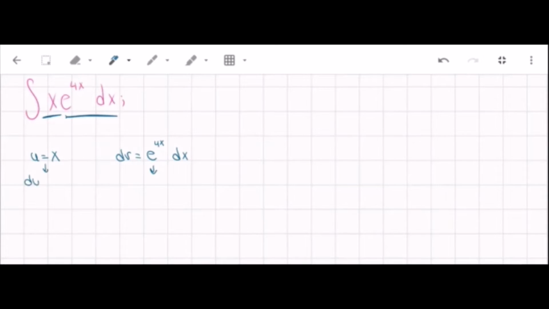So it will be du equals dx, and then v equals 1 over 4 e to the power 4x. Now write down the integration by parts formula. The integral of u dv equals uv minus the integral of v du.